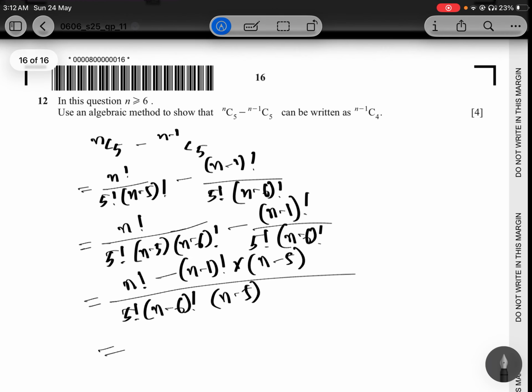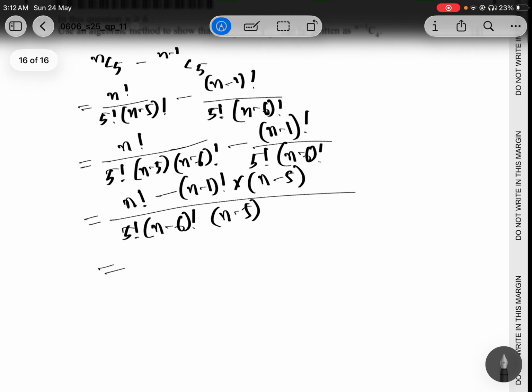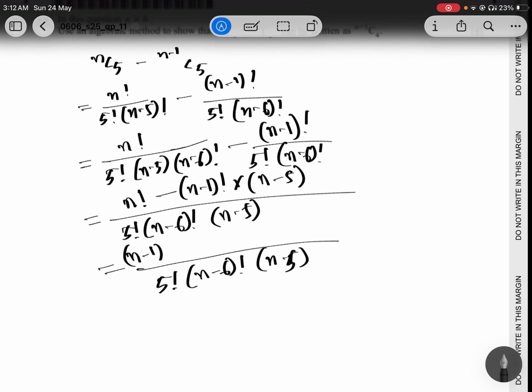What do we need to prove? n minus 1 factorial, right? Okay, 5 factorial, n minus 6 factorial, n minus 5. Now n factorial can be written as n minus 1 factorial into n. Now here is n minus 1 factorial times n minus 5.